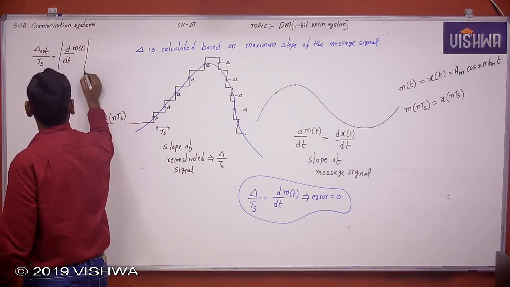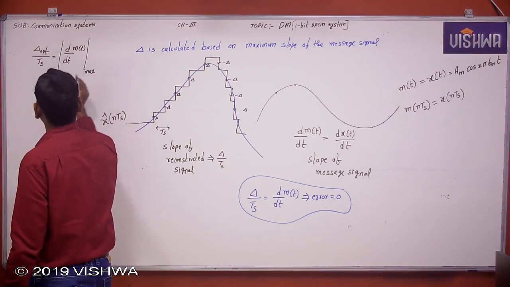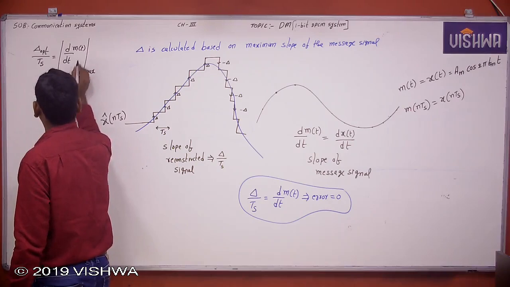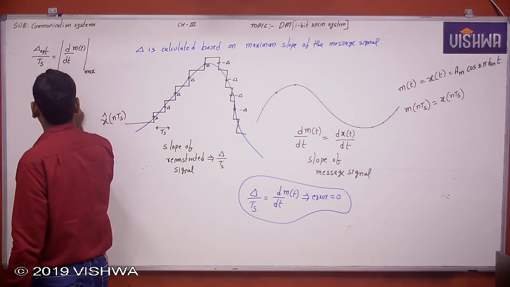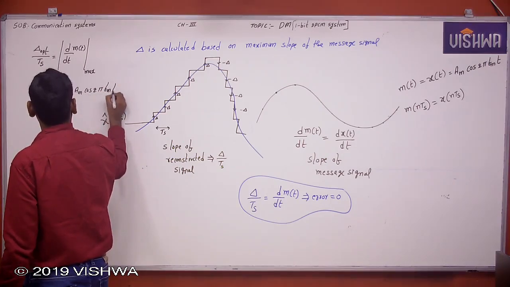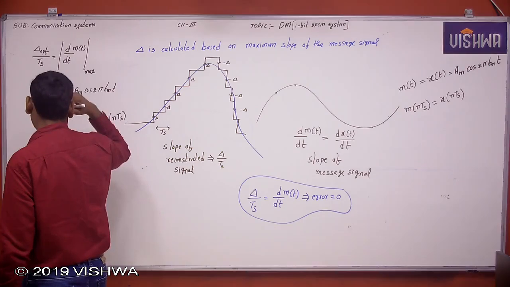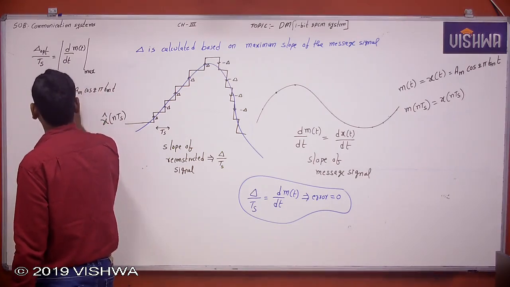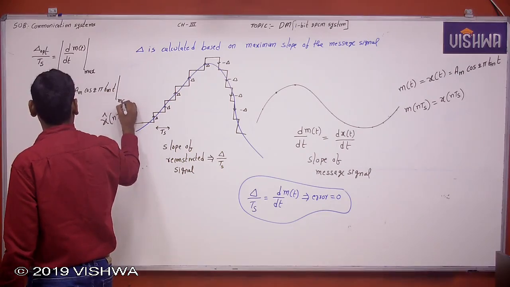Your delta is calculated based on the maximum slope of the message signal. Therefore, this is called the optimum step size, which is equal to the differentiation of Am cos 2 pi fm t. This is the modulus, and this is the maximum value.